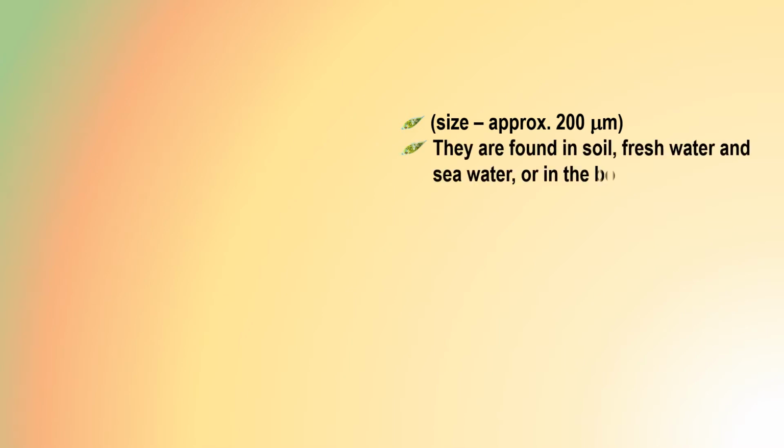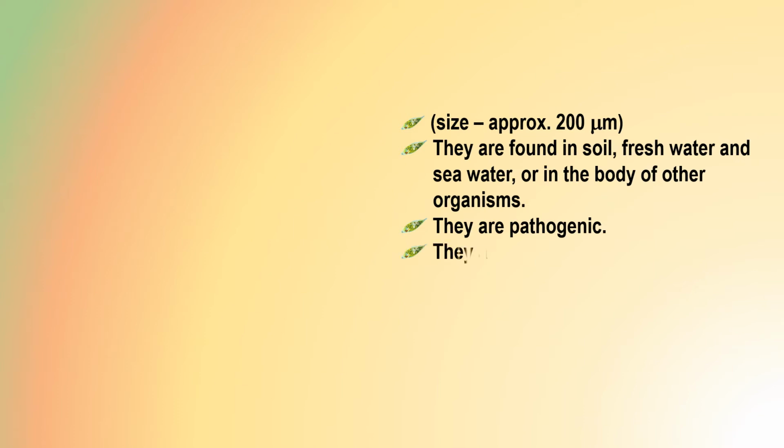The next microorganism is again very small, approximately about 200 micrometers. They are found in soil, fresh water, seawater, or in the body of other organisms. They are pathogenic, meaning they can cause diseases.